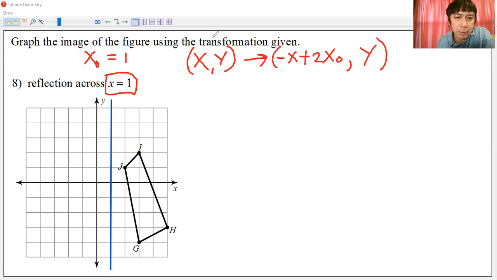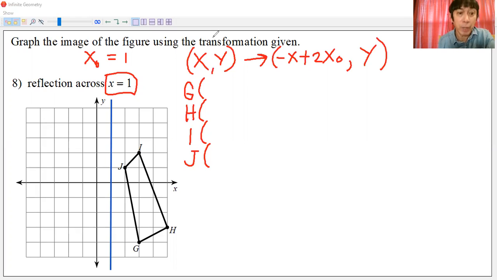Let's gather our points. We have here G, H, I, J, alphabetically. Let's have the points. Our point G is located at 3, negative 4.